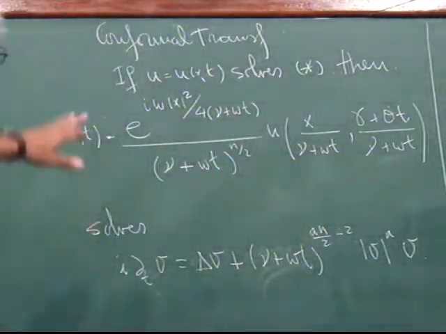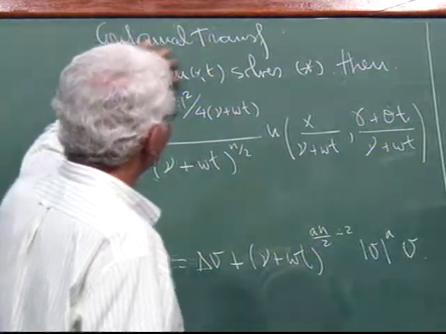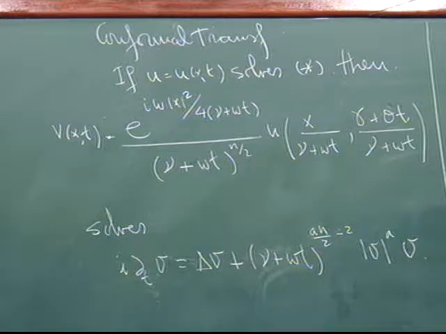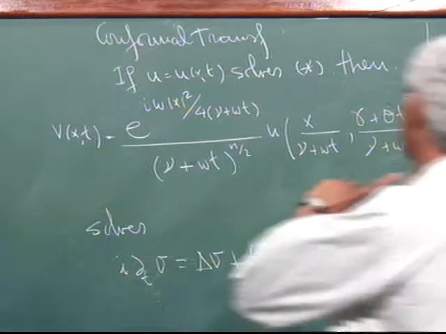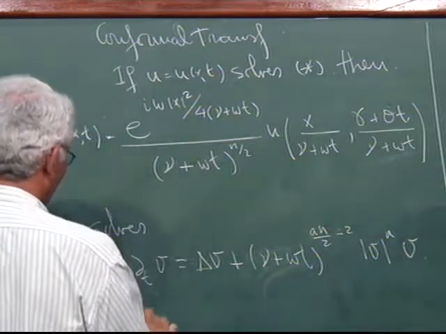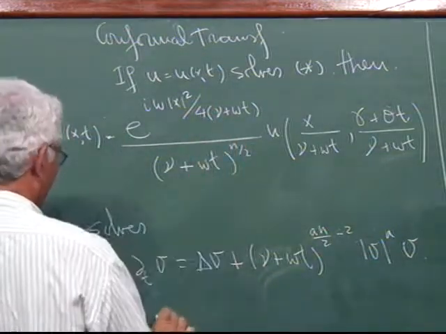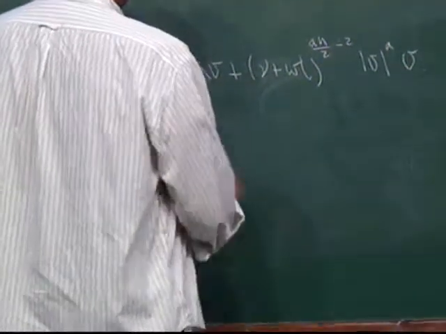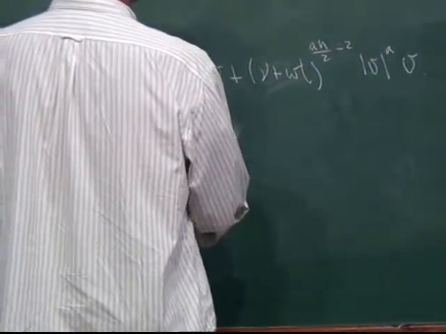If this function solves this equation, you solve this one, you do this transformation with these parameters. You have 4 parameters. You have the parameter W, you have the parameter mu, you have this parameter, and you have the parameter theta.